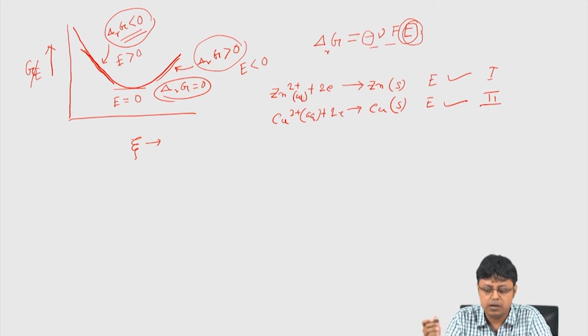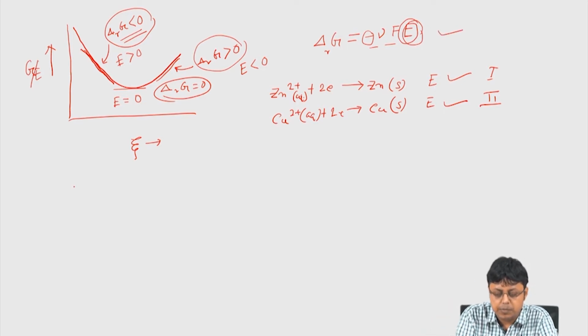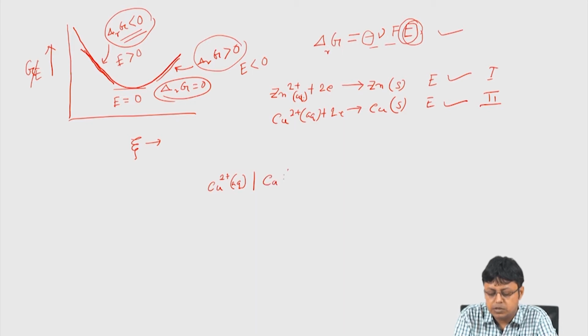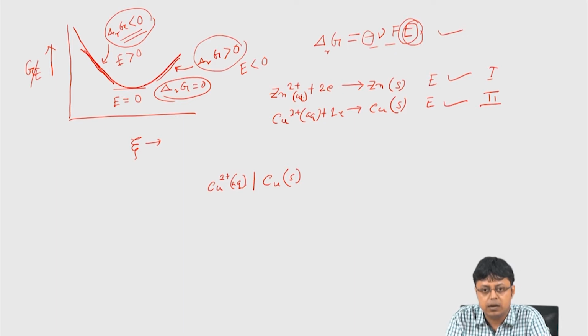For that we have to check the associated delta G of the total reaction. Suppose we assume that the reaction of copper 2 plus going into copper is the forward reaction. Then that cathode reaction we will always write on the right hand side with a vertical bar, and this vertical bar denotes that it is an electrode in equilibrium with its ion.